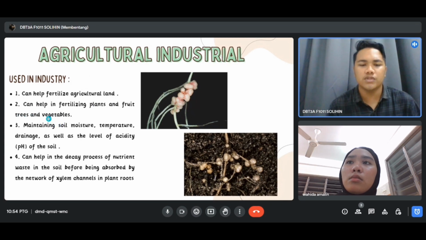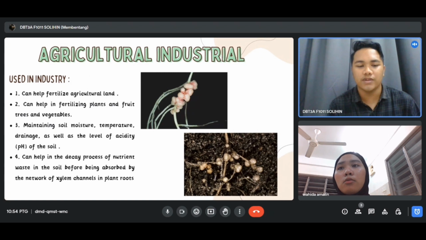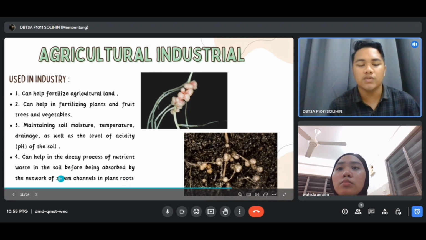It also helps maintain the soil moisture, temperature, drainage, as well as the level of acidity, the pH of the soil. They can also take in nutrient waste in the soil before it is absorbed by the network of xylem channels in the plant root. Xylem is the tissue that is in the root.